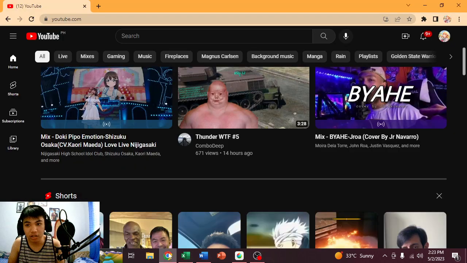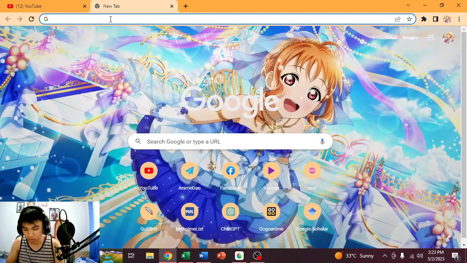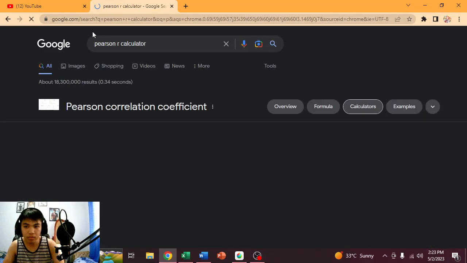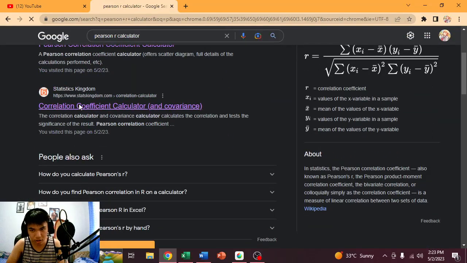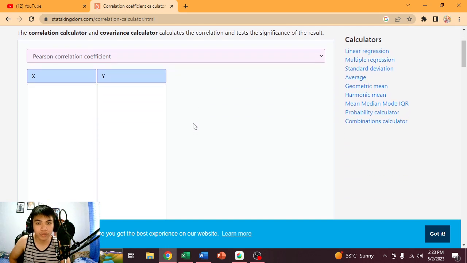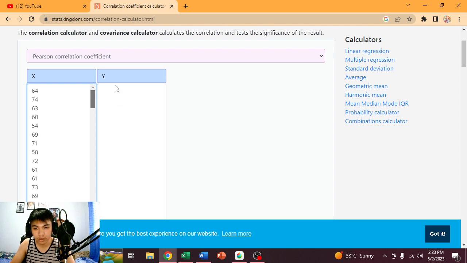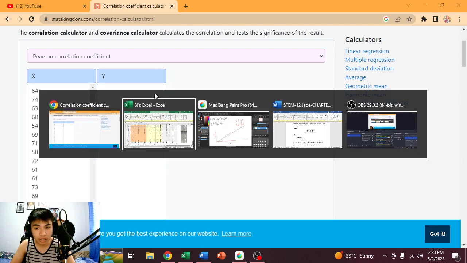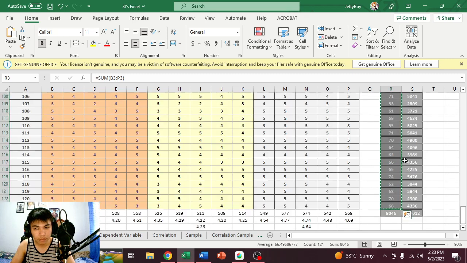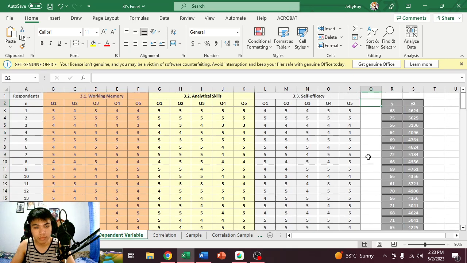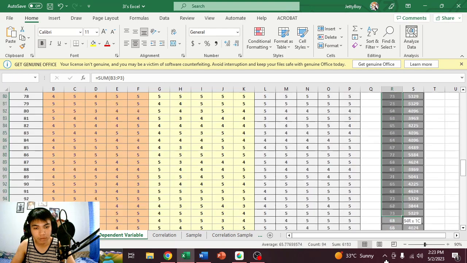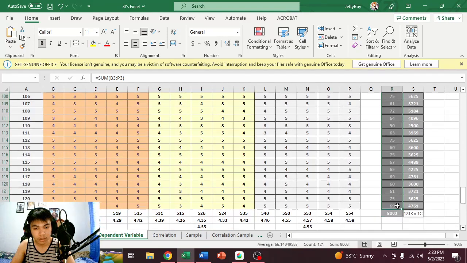And we can go to this site right here, the one presented by Statistics Kingdom. I used it yesterday to validate my Pearson correlation coefficient computation. So let's input the x values right there, and then the y values. It's actually right here. Okay, let's copy that.